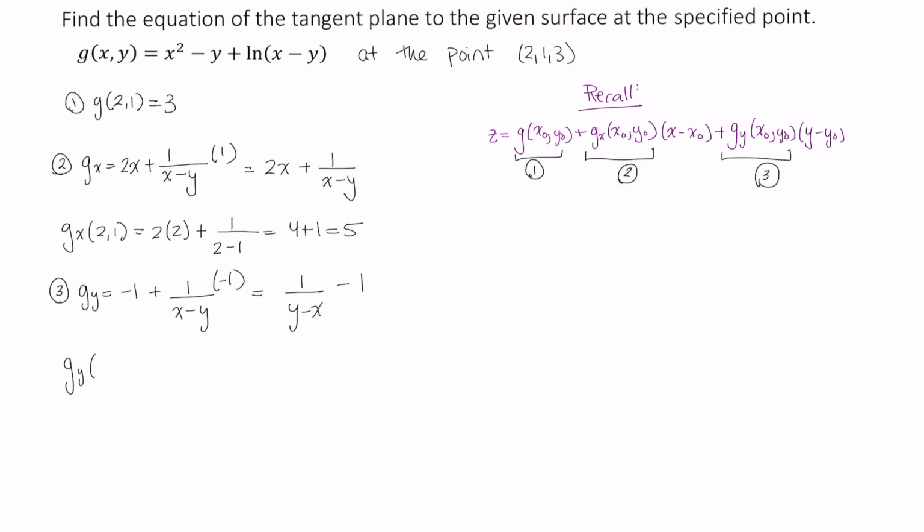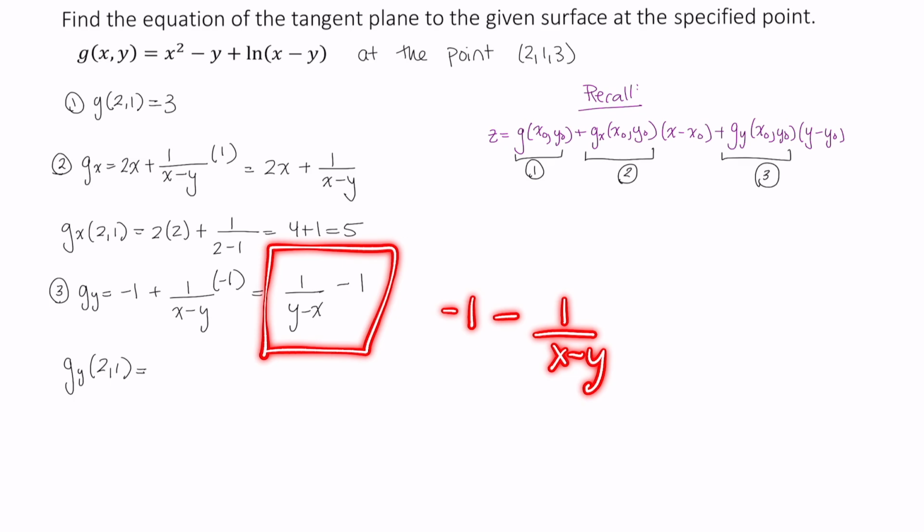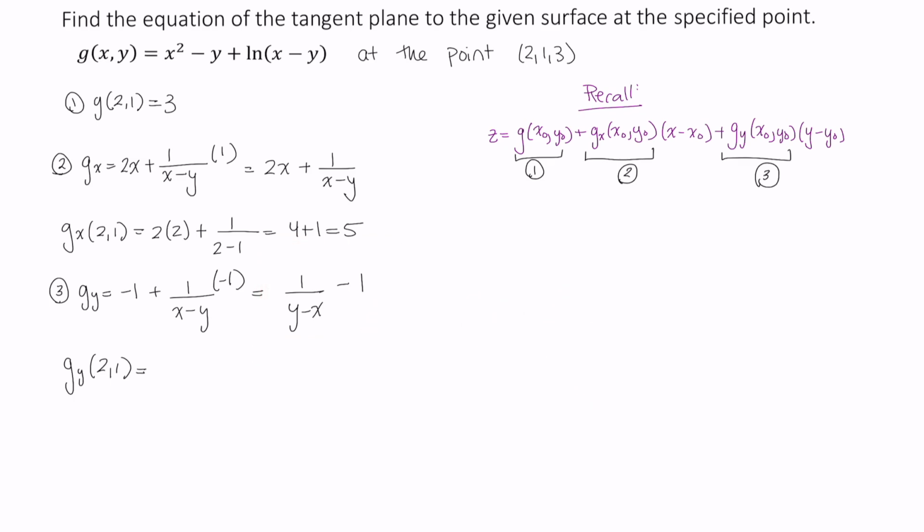Now g sub y evaluated at (2, 1). And before I go on any further, you could have just left this as negative 1 minus 1 over x minus y. Rewriting it so everything leads with a positive is just a preference of mine. So I have 1 over 1 minus 2 minus 1. This is going to yield negative 2.